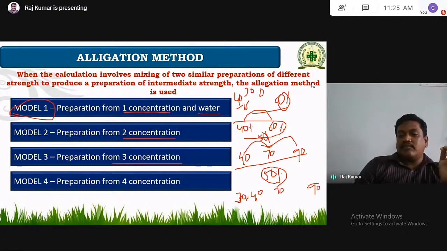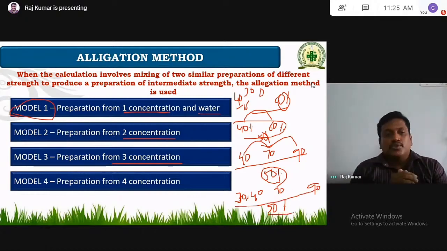These are the different concentrations available with you. If you want to prepare 50 here, you can use all these concentrations and finally prepare a 50 solution. That is what is called preparing by using 4 concentrations. So I'm going to give an example for each and every one, then you can understand easily.